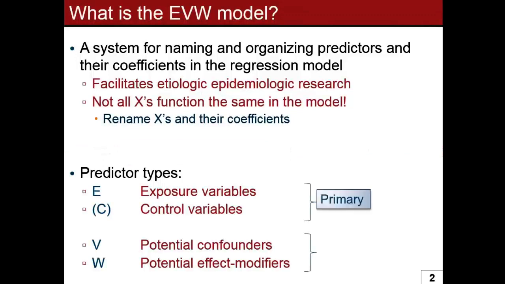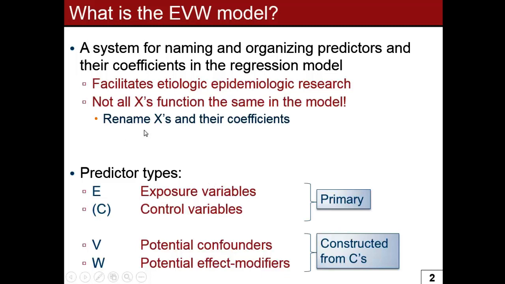There are 4 letters of note here, describing what happens to the x variables. We can label them as exposures or control variables, and these are the things we actually go out and measure in the world. Then we can reorient the control variables and specify whether they're starring in the model as confounders or effect modifiers or both.